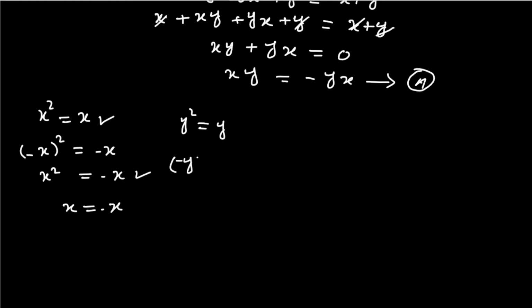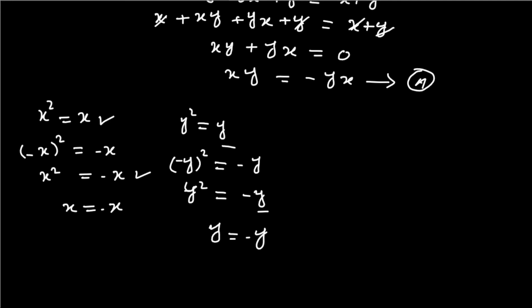So y square is equal to y, and minus y square is equal to minus y, which means that in a similar way y square is equal to minus y, and from these you can write y is equal to minus y.